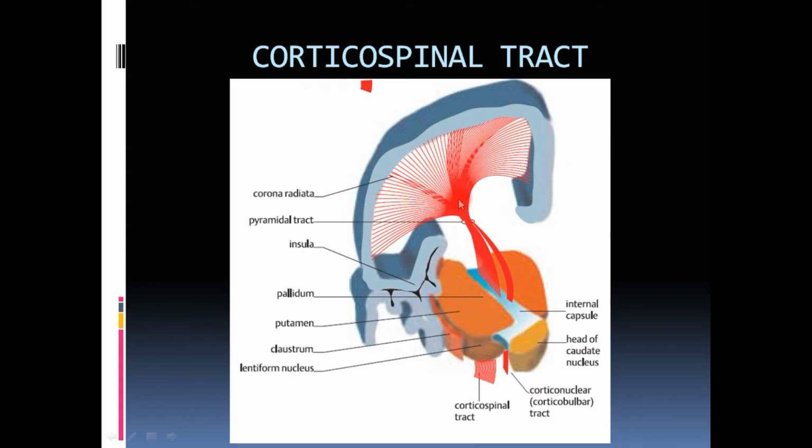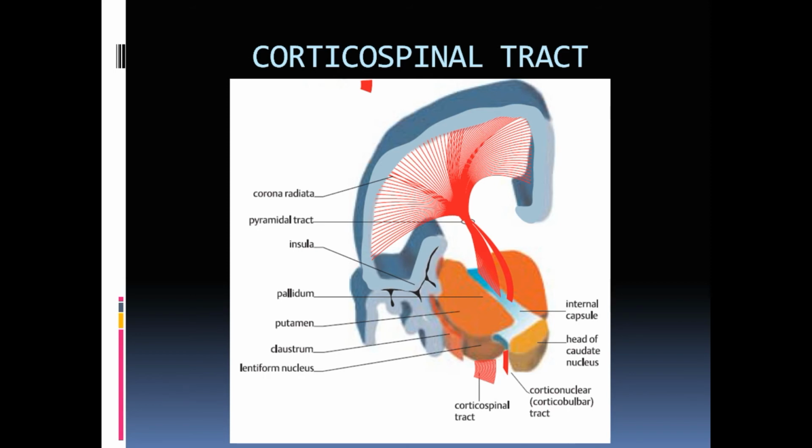Now the axons arise from this fan-like structure and come together to form a tract. A tract means a bundle of neurons, a bundle of axons.